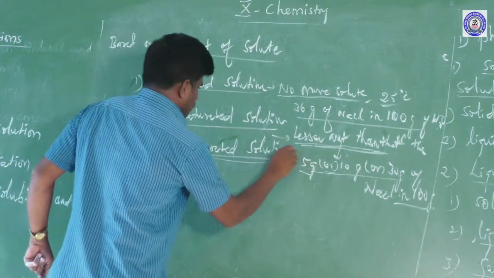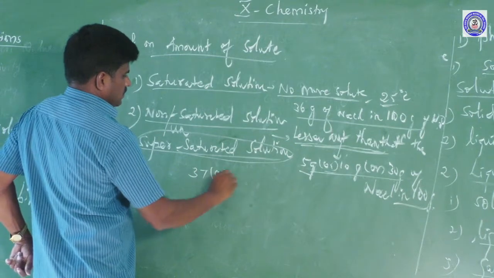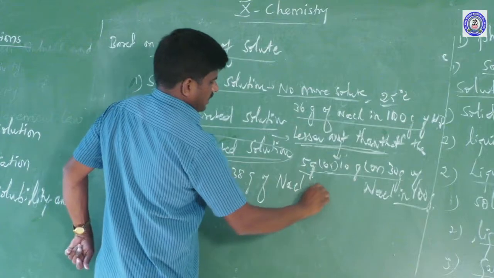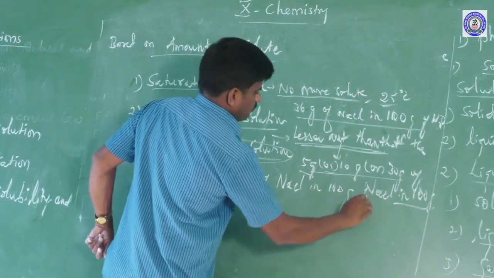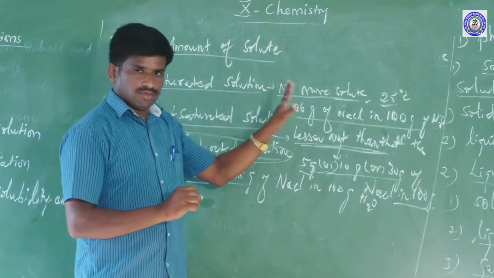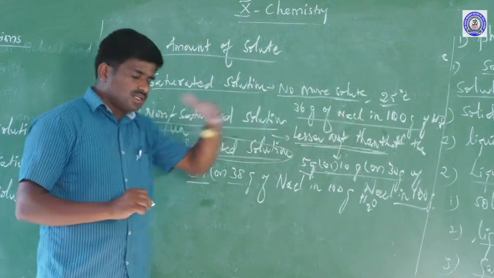Let's see examples of supersaturated solution: 37 or 38 gram of NaCl in 100 gram of water. We know that 36 gram is saturation, and up to 35 it is unsaturated.